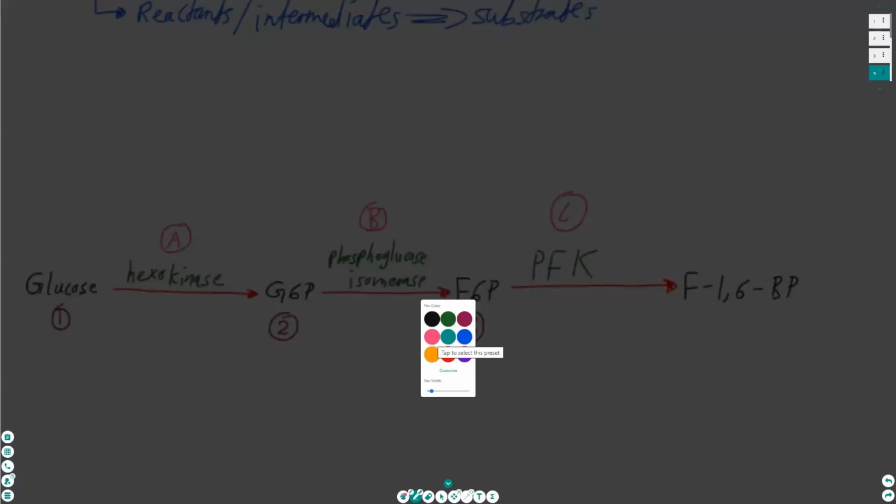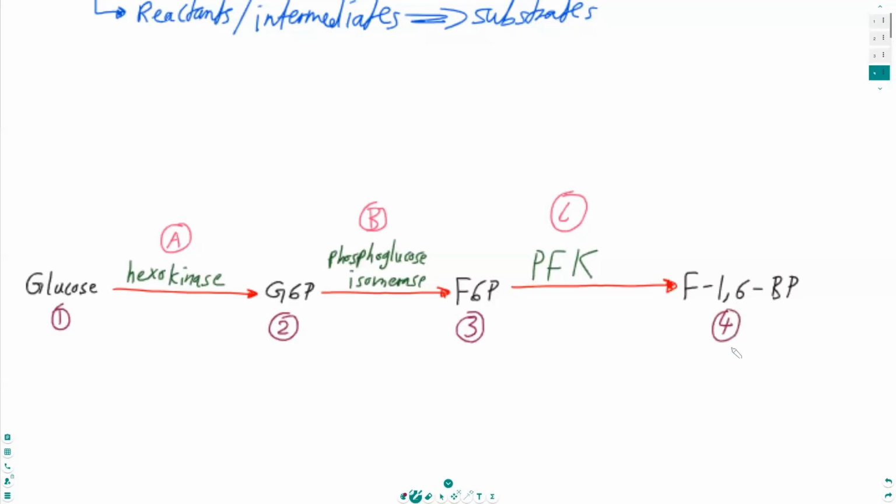Well, it's not the final product of glycolysis, but in this stage of glycolysis, it is the final product: fructose 1,6-bisphosphate. So you can see here that enzyme A converts substrate 1 into substrate 2. Enzyme B converts substrate 2 into substrate 3. Enzyme C converts 3 to 4, and so on, until you get the product, which is pyruvate. But we're not going to talk about that right now.